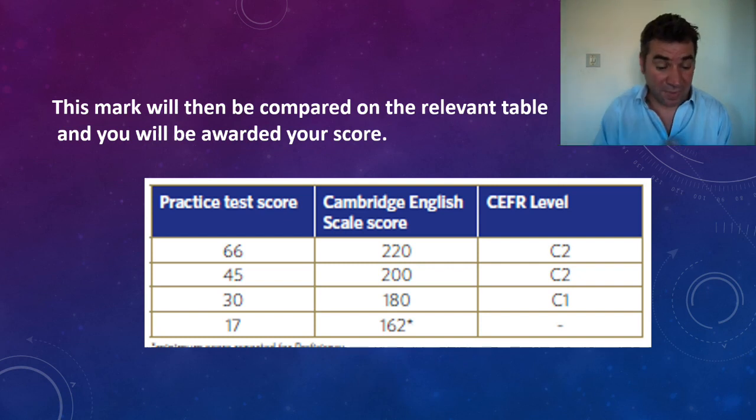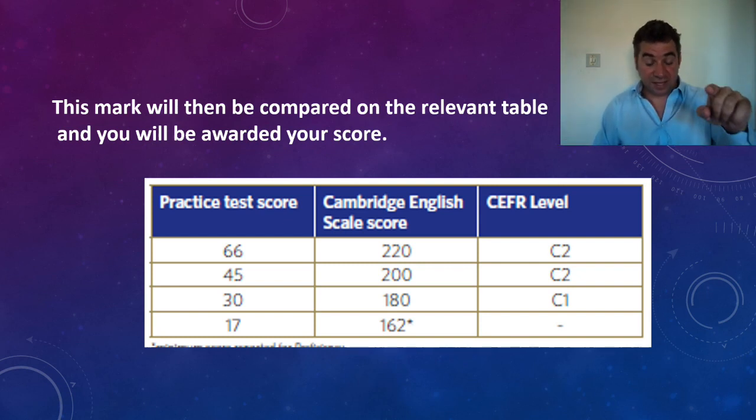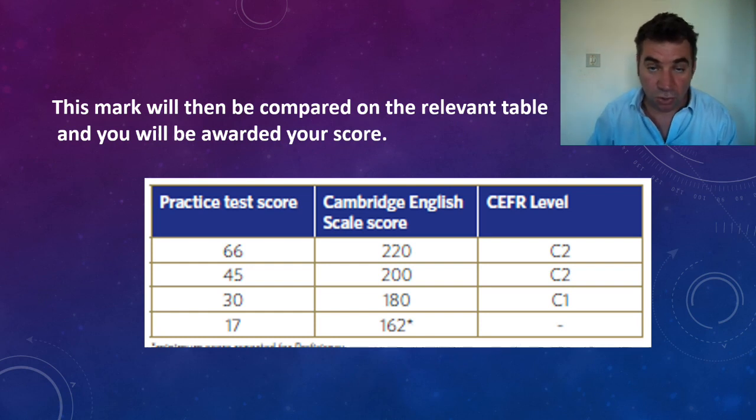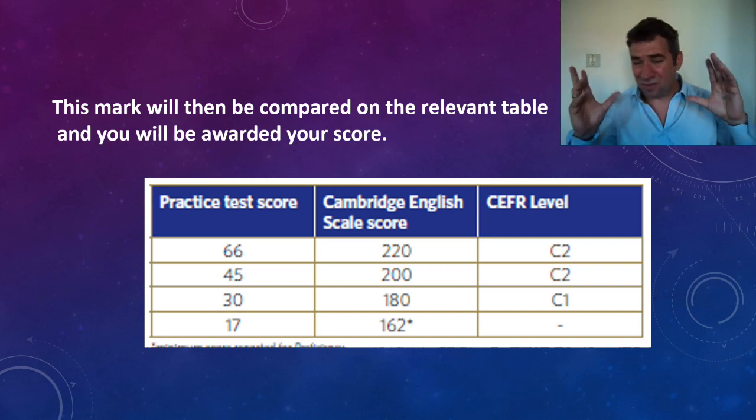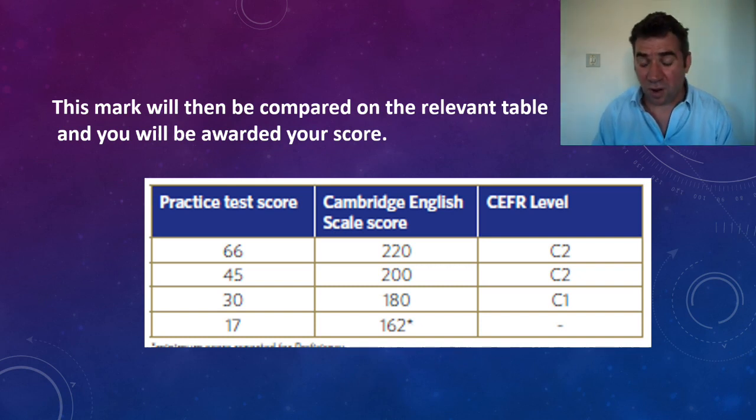You'll get a number, and what you can see here is in the first column, here's your test score. So if you've got, let's say, 45 out of 75, you're going to score 200, and that's enough to take your C2 or your Proficiency certificate. So they'll have another table for CAE and then another table for the Cambridge First as well. So that's how you get this number.